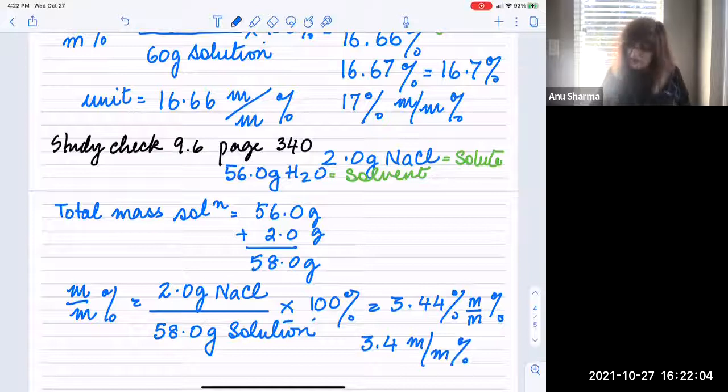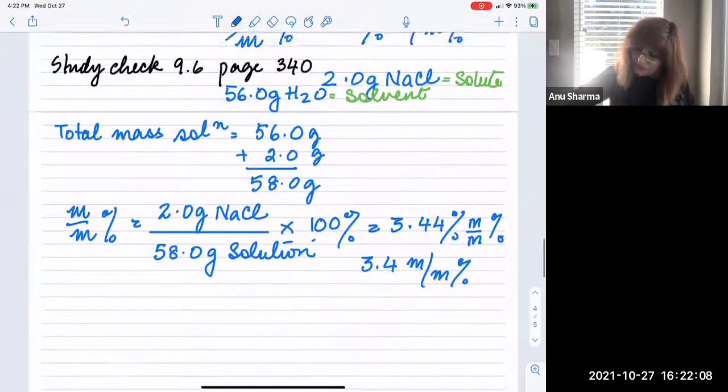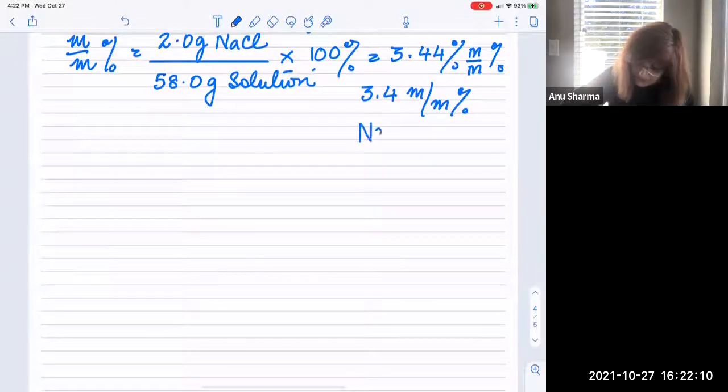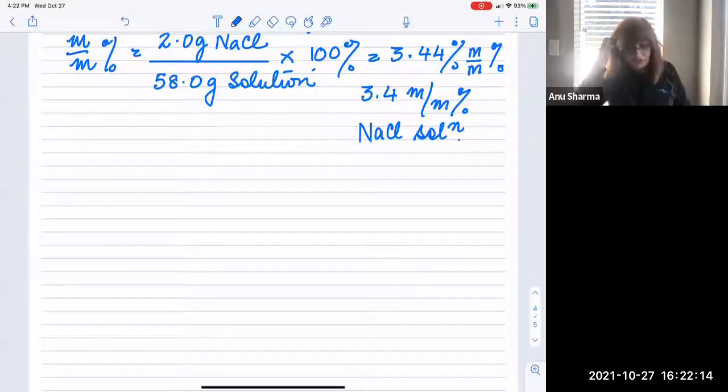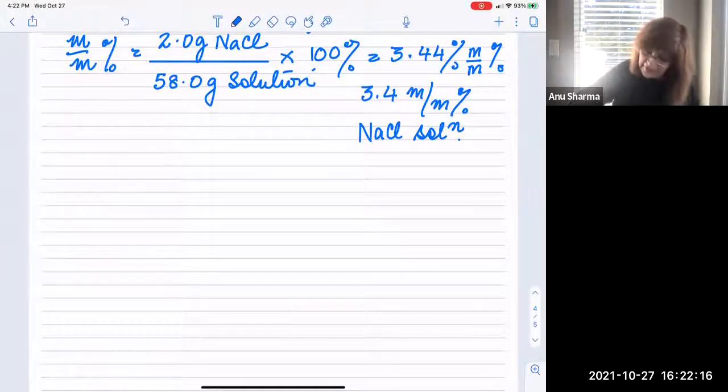Okay. All right. So generally you need to write down what is the solute. What are we talking about? NaCl solution. Okay. So in what context? Next is the volume by volume.